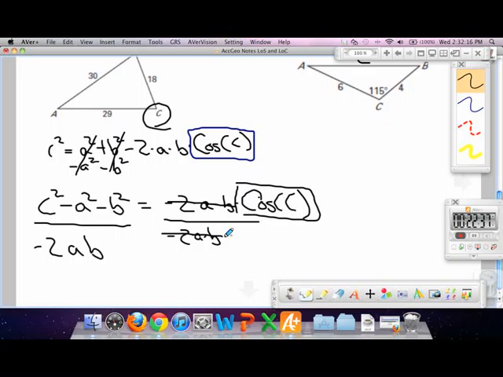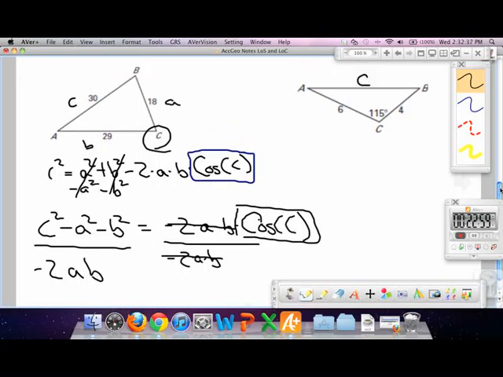At this point, let's plug in the things we know: the lengths of C, A, and B. These little letters follow our naming pattern. So let's simplify the top, simplify the bottom, and then divide those things.